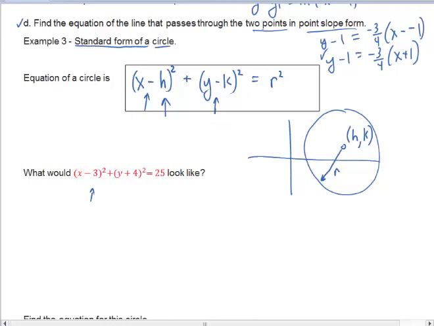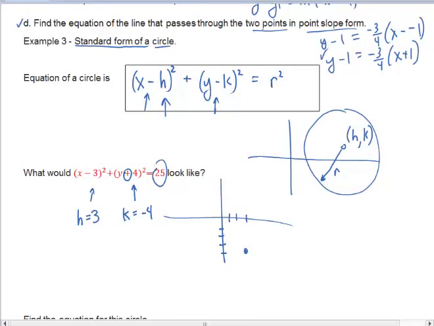So in the first part, we know that the h value, or the x value for the center, is at 3, but notice this is a plus, so the y value, or the k value for the coordinate, would be negative 4.